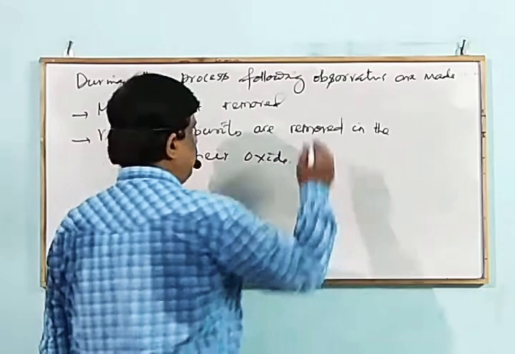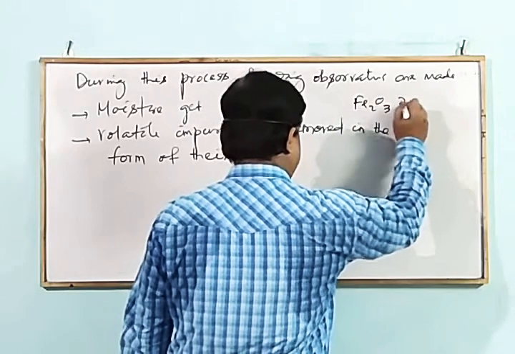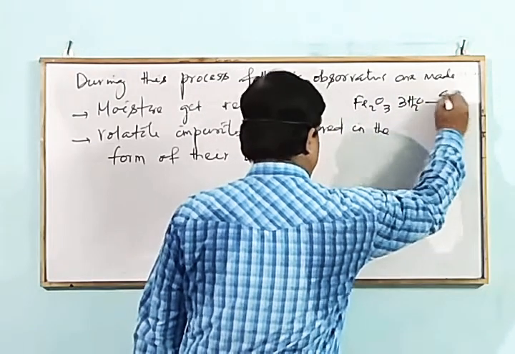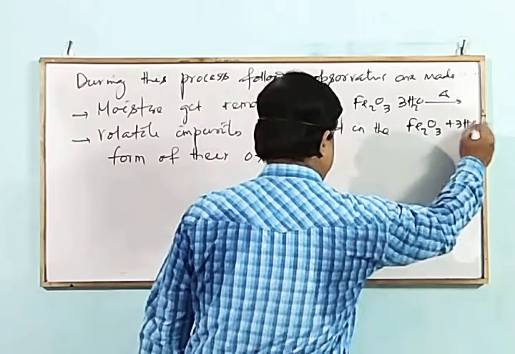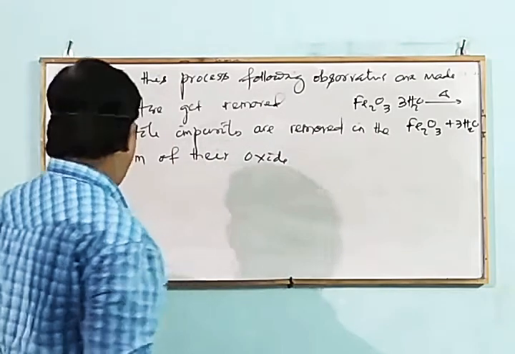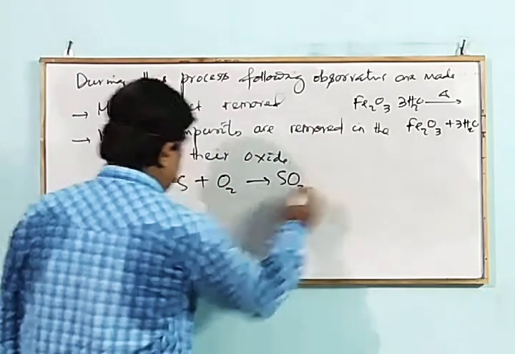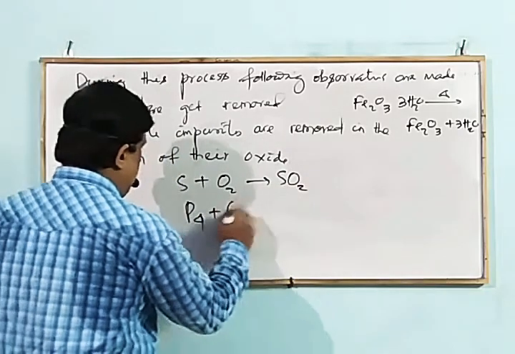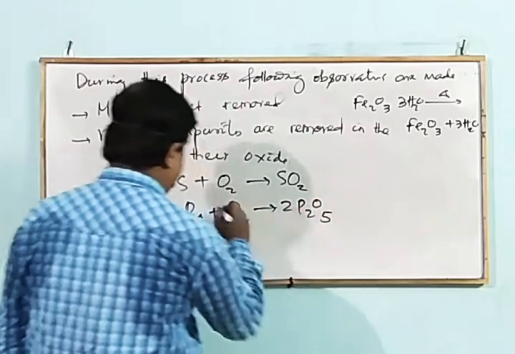Mark that. Some examples: Fe2O3.3H2O upon heating gives Fe2O3 plus 3H2O. Next, volatile impurities: S plus O2 gives SO2. P4 plus O2 gives P2O5.